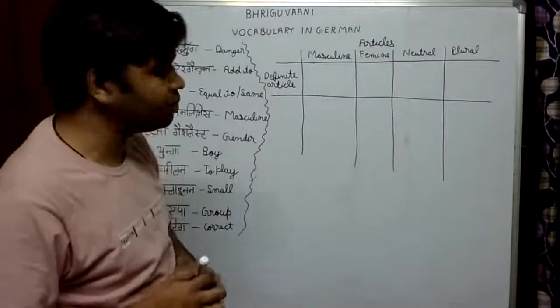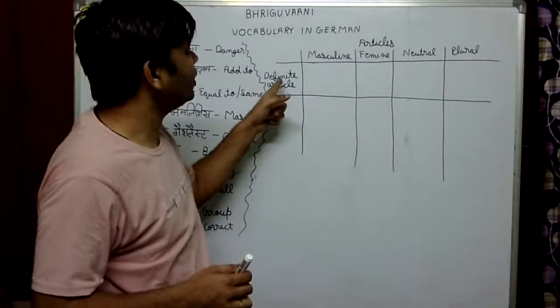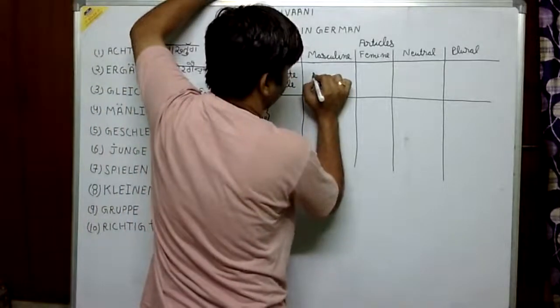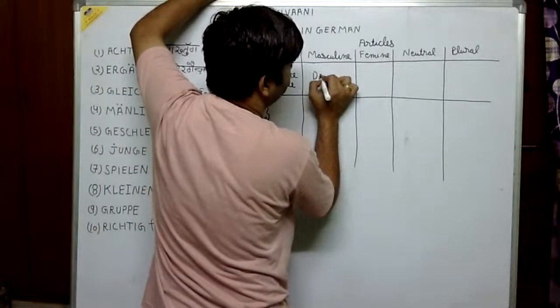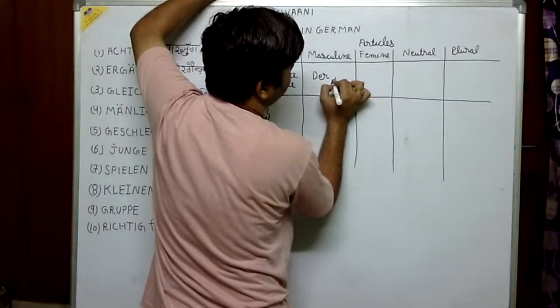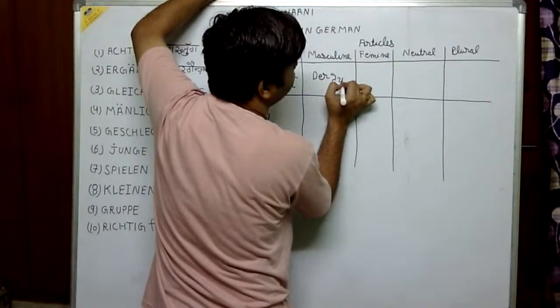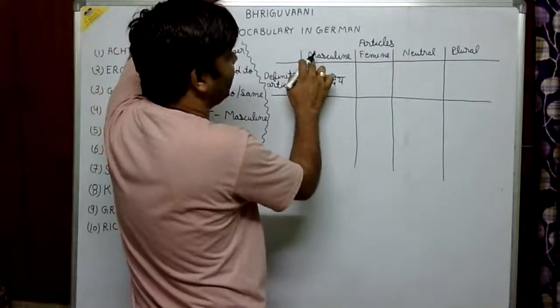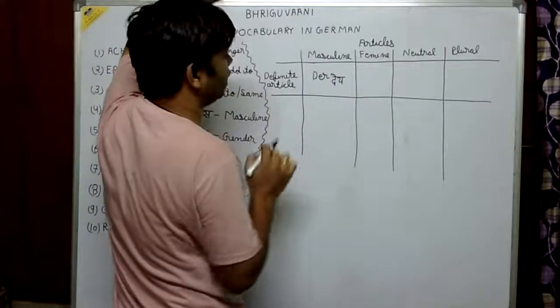Whenever we have some noun and that noun is definite, we say der. And this der we only use in the case of the masculine definite article.